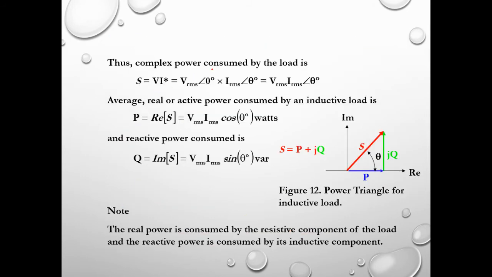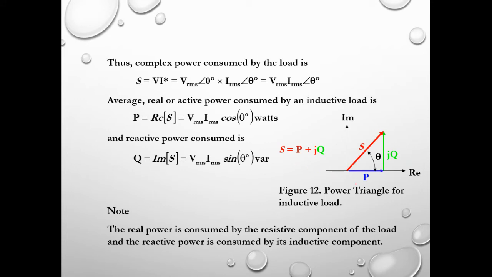Thus, the complex power consumed by the load is again S equals V I conjugate, so VRMS angle 0, IRMS angle theta. The average real or active power consumed by an inductive load is P equals the real part of S, VRMS IRMS cos theta. The reactive power consumed is Q equals the imaginary part of S, VRMS IRMS sin theta var.